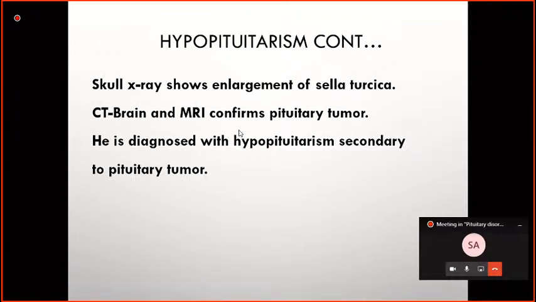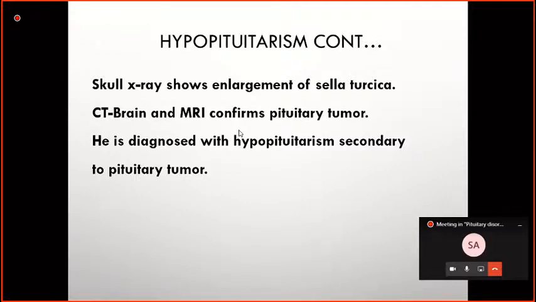Enlarged sella means there's a mass there. Remember just now we said if it's shrunk, you describe it as empty sella. Enlarged sella in a skull X-ray report usually means there's a mass in the pituitary. CT brain confirms pituitary tumor.